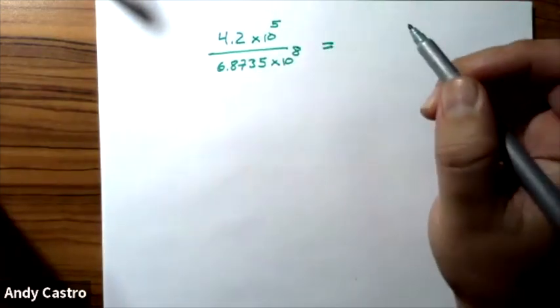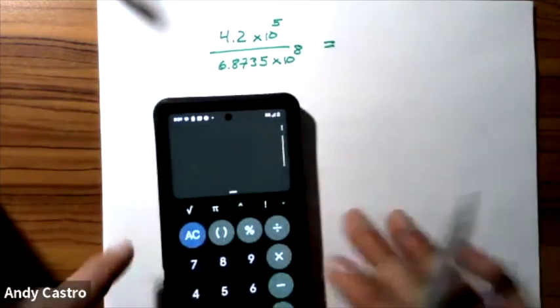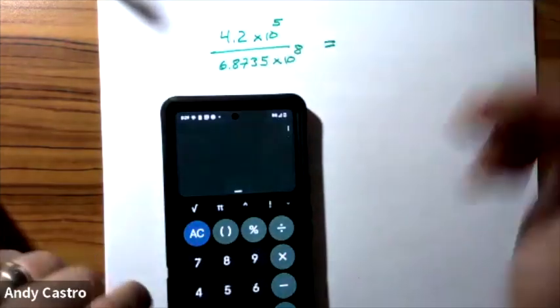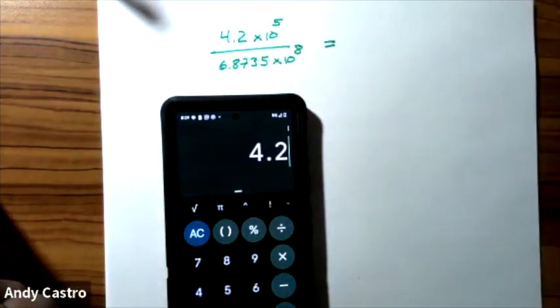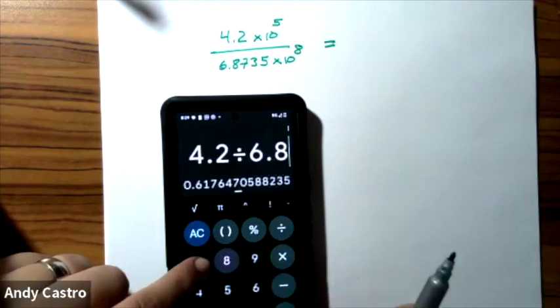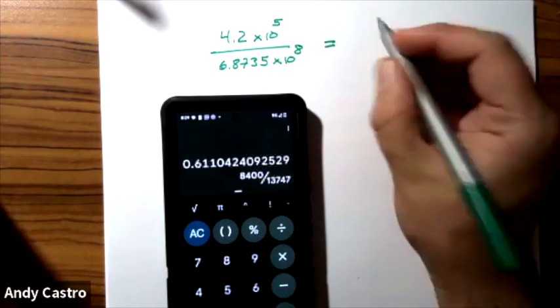So the first thing that we're going to do is actually divide the two: 4.2 divided by 6.8735. That's the first thing.